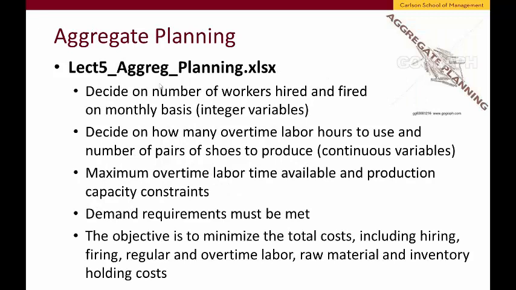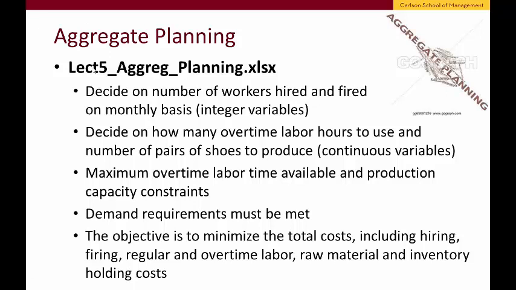Our own example of a MILP, mixed integer linear programming model, is not in the class of facility location models, but is rather an aggregate production planning model contained in this file, lect5 aggregate planning.